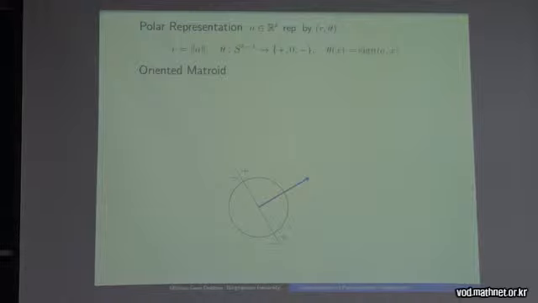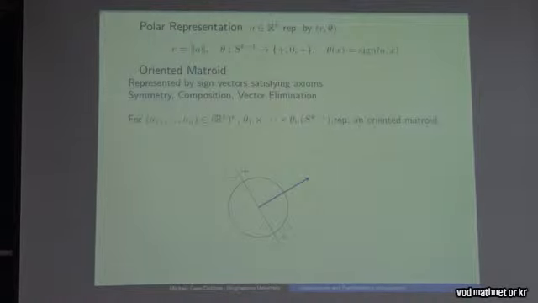And something related to this is an oriented matroid. Oriented matroids have a bunch of definitions, and one way of defining them is as a set of sign vectors that satisfy certain axioms. I don't really want to go into what the definition of the axioms are, although the axioms are symmetry, composition, and vector elimination.